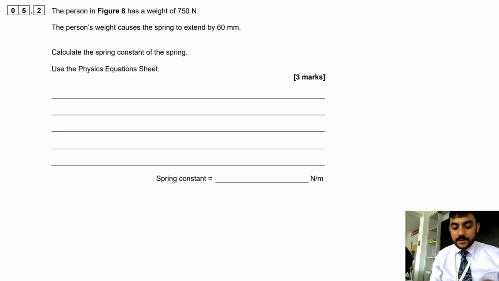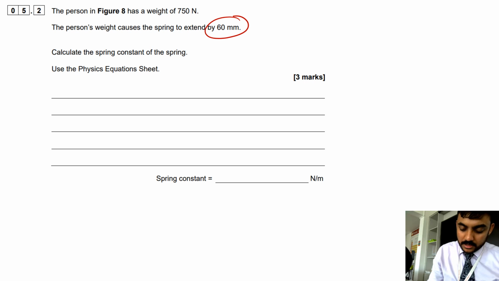The person in figure 8 has a weight of 750 newtons. The person's weight causes the spring to extend by 60 millimeters. Okay, I'm already thinking millimeters is not the right standard unit. Calculate the spring constant of the spring. Use the physics equation sheet. Now, just to remind you, the equation that we need is force is equal to spring constant times extension.